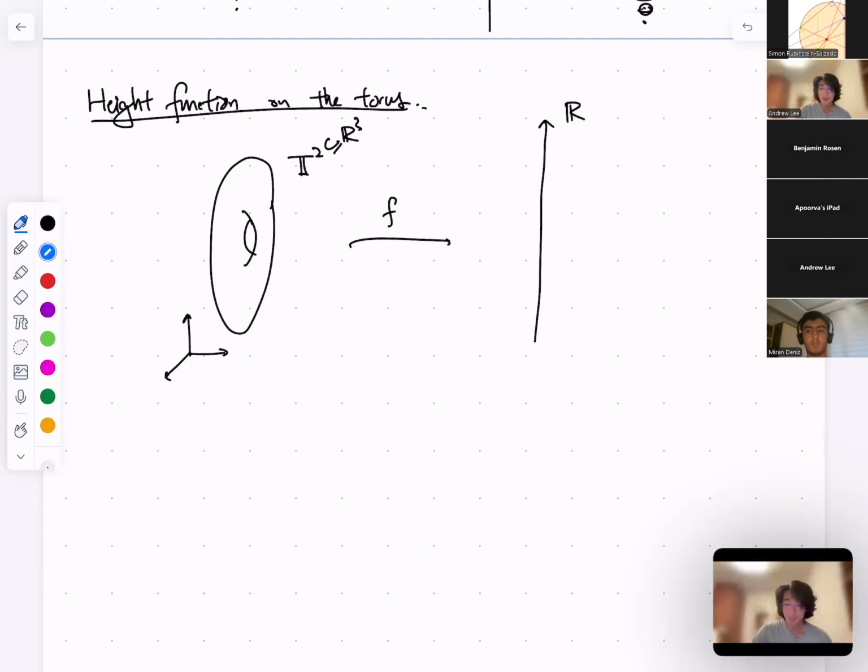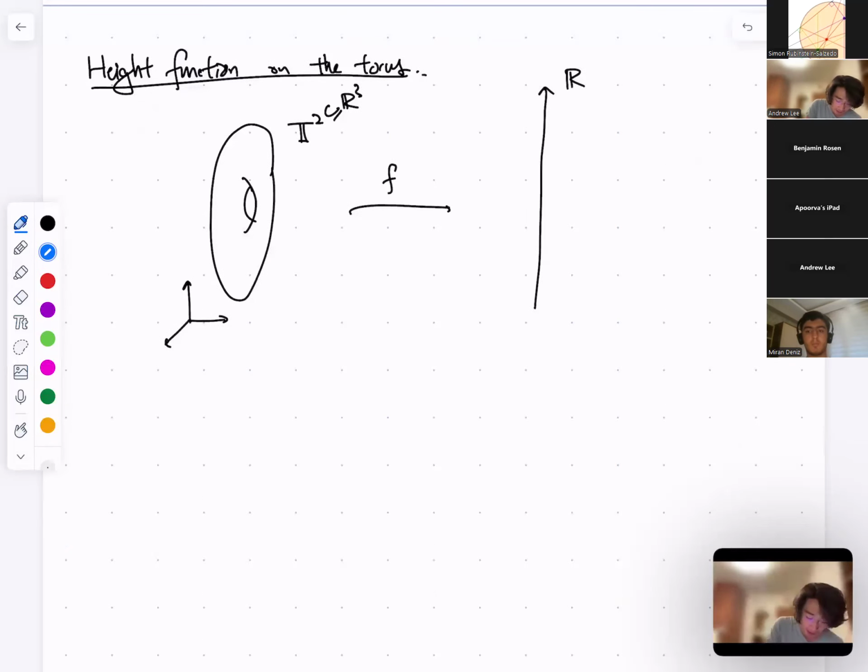So, the observation that I want to make is that, just to make our lives simple, let's say these points map to 0, 1, 2, and 3. And let's look at the sublevel sets at and between these points. So below 0, I have nothing.